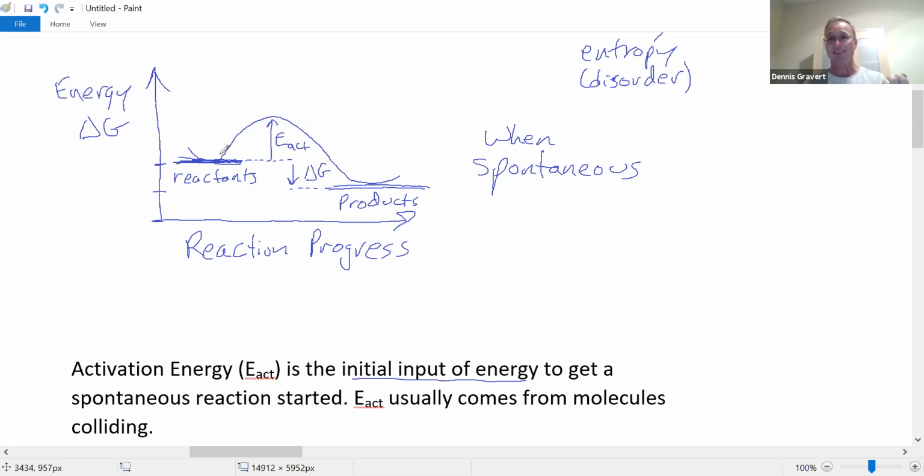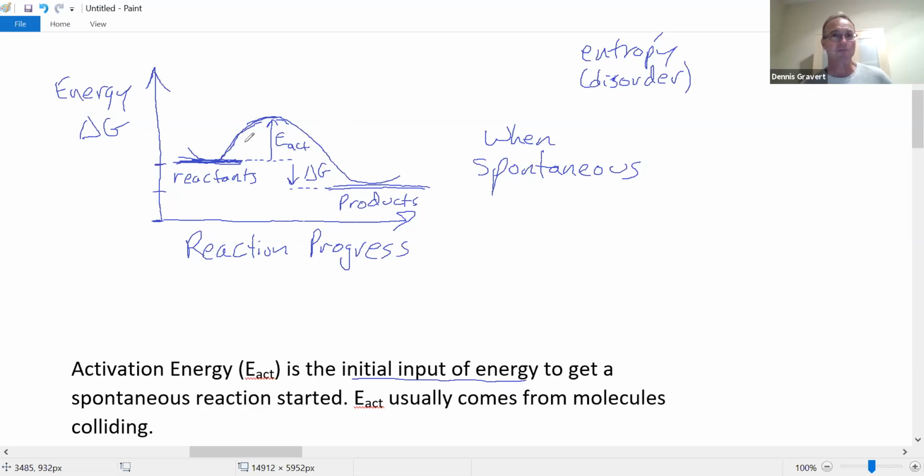You hold a match, let's say, to the edge of the paper, and the edge of the paper catches on fire. So the molecules that make up the paper, as it gets hit by the match, are going to increase in energy. And if they can climb up to this value of energy, they'll have enough to get over this hill, the activation energy hill, to move forward and change into products.